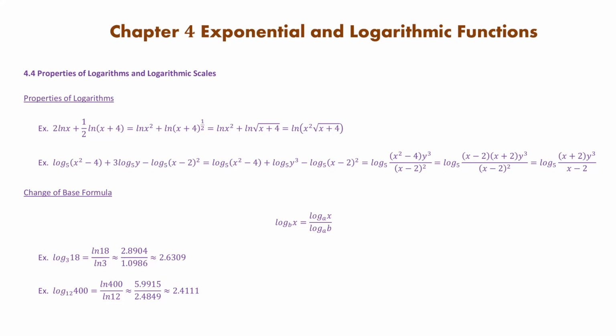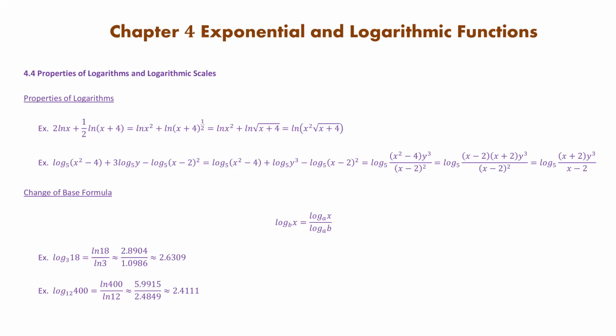The second term, 3 logarithm of y base 5, we can pull 3 into the exponent of y, so we get the logarithm of y cubed base 5. All right, and we keep this third term as it is.